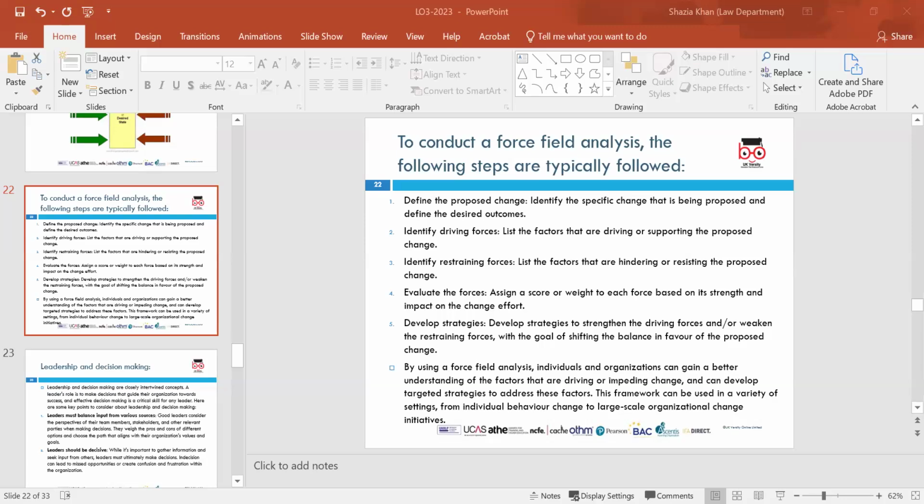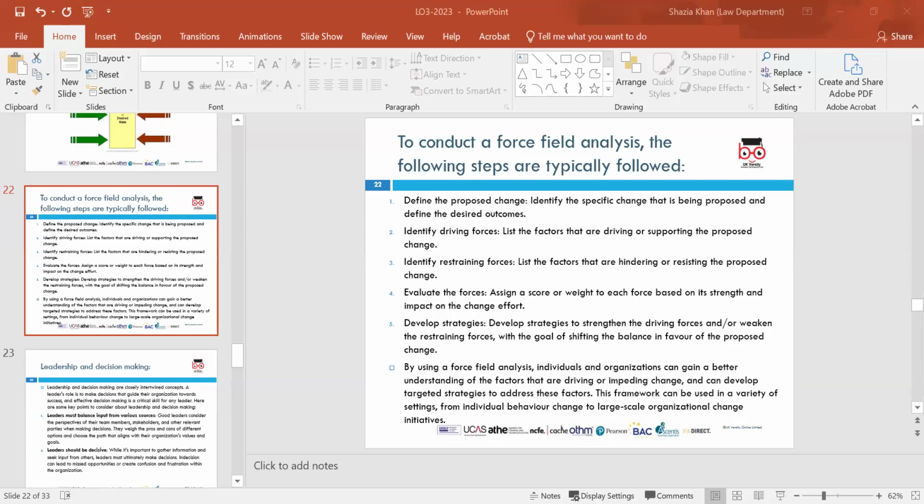Then number 6 was to develop strategies. Effective organizational change involves strengthening the driving forces and weakening the restraining forces that oppose the change. Then also create a management plan, put a plan in place to rethink the strategy and leverage a proven change management model. So make sure the management model in place is good, using change management model frameworks to help plan and implement a new project.